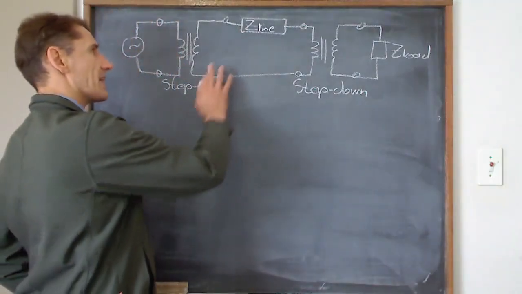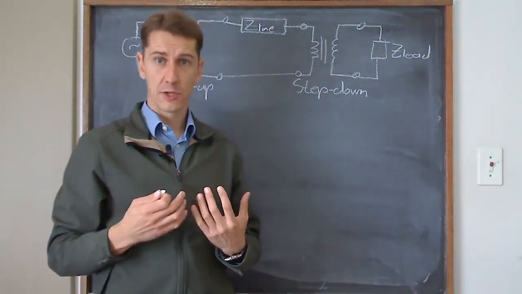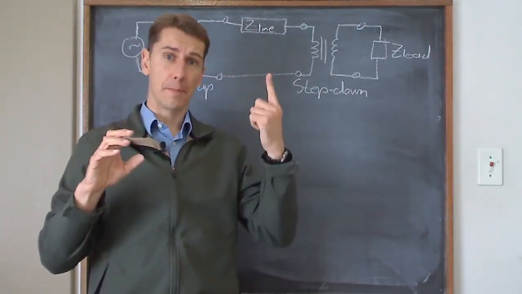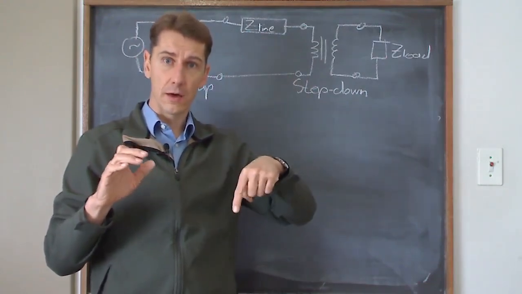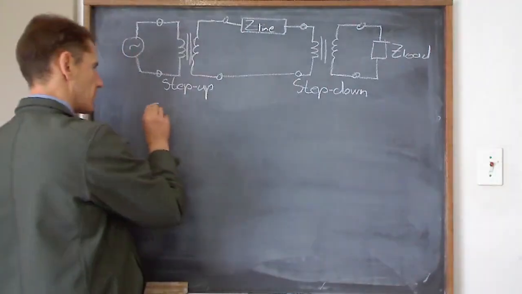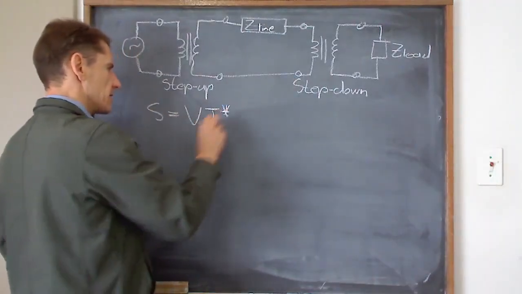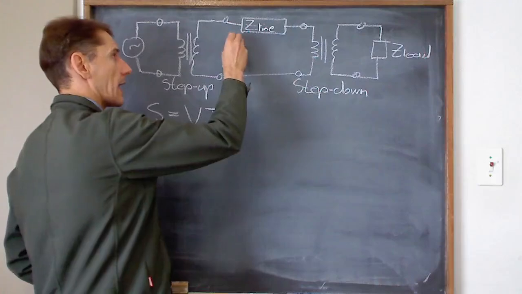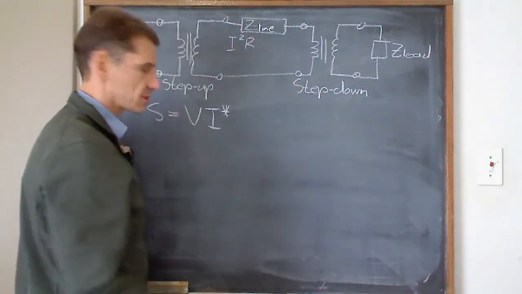By stepping up the voltage with the power remaining constant, what happens to the current? It goes down. Remember S equals V I conjugate. So if V goes up, current comes down. What happens here to the I2R losses?